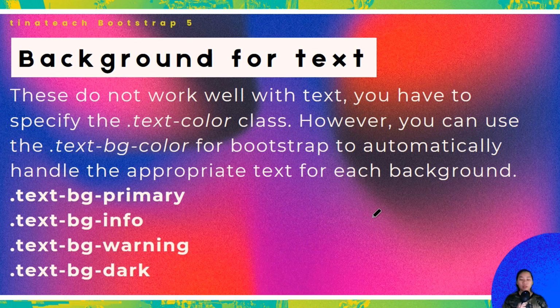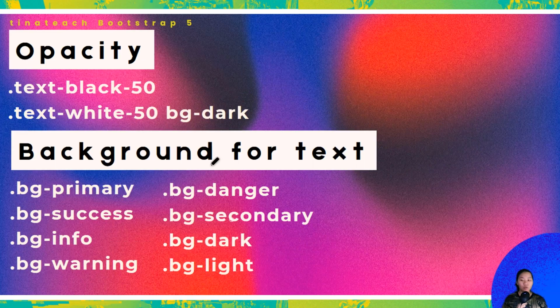or warning. Now, I want to mention that these, by themselves, do not work well with text. You have to specify the text color, or text-primary, text-info class with these if you're going to use them separately. Okay, just like up here, you cannot just say bg-dark and then just assume Bootstrap will figure out the text color.